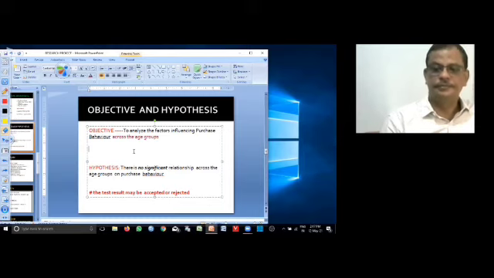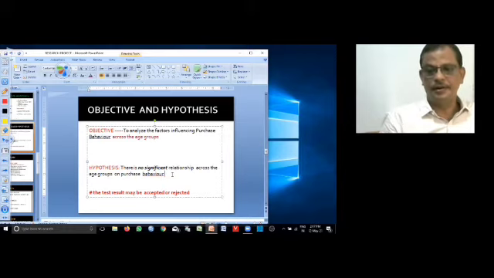Okay. So then come to the hypothesis factor. Hypothesis, because it is hypothetical, may happen or may not happen. So in that case, when you make your study, you have to find out that there is no significant relationship across the age groups on purchase behavior.